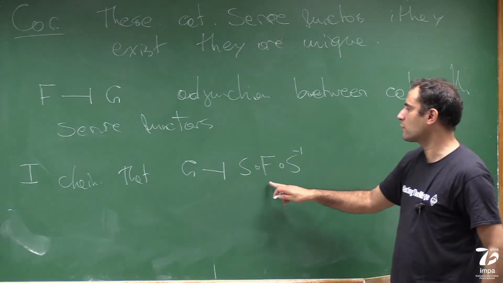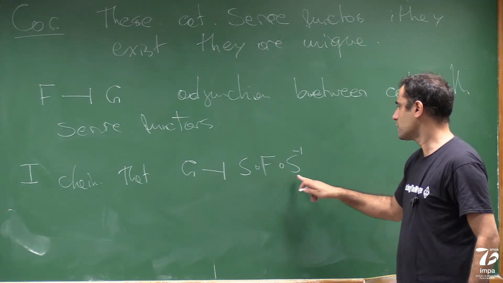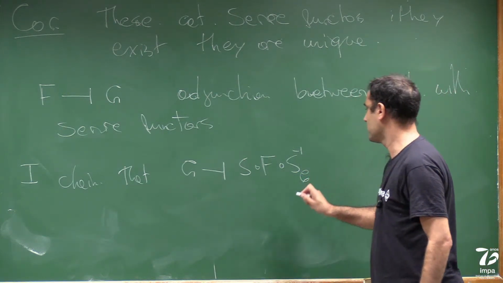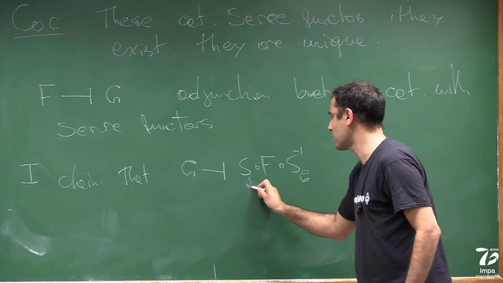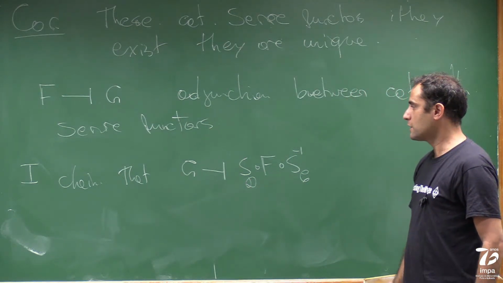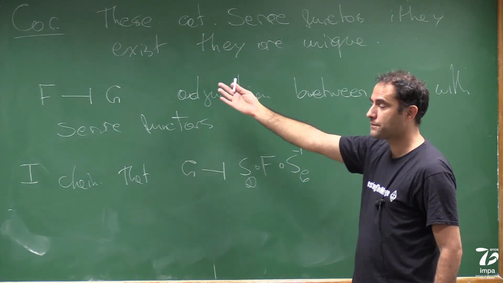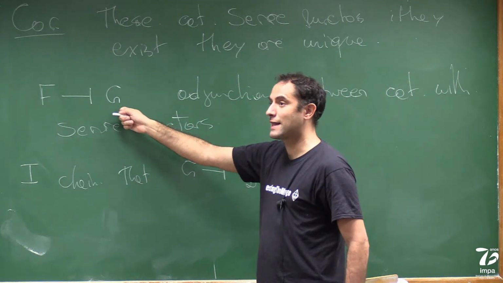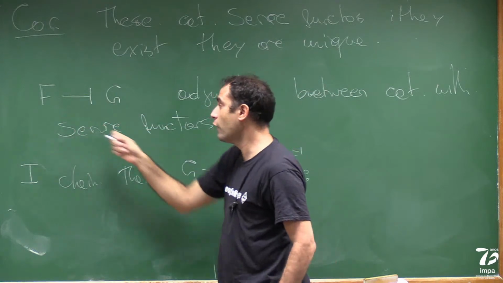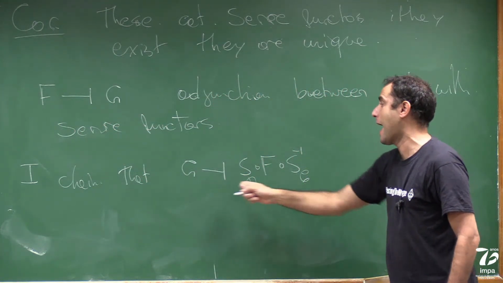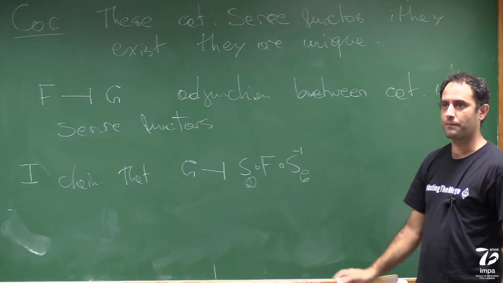So F is a functor from C to D. So this should be the Serre functor on C, and this should be the Serre functor on D. So this is saying that if you have an adjunction on a category where Serre duality holds, then whenever you have a functor that admits a left adjoint, it also admits a right adjoint, and this is the right adjoint.